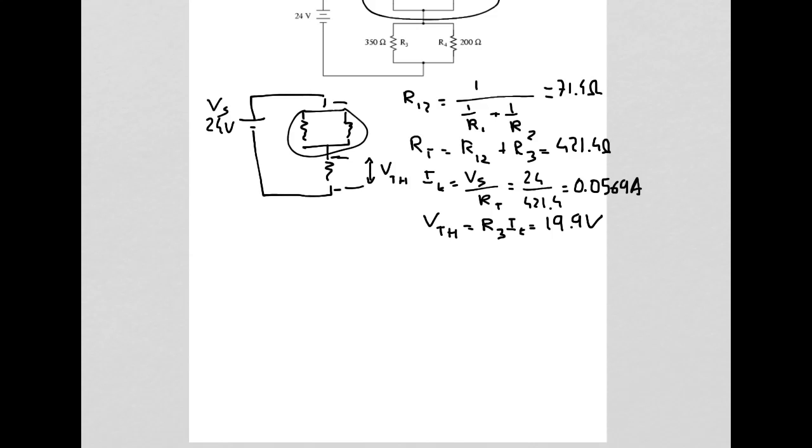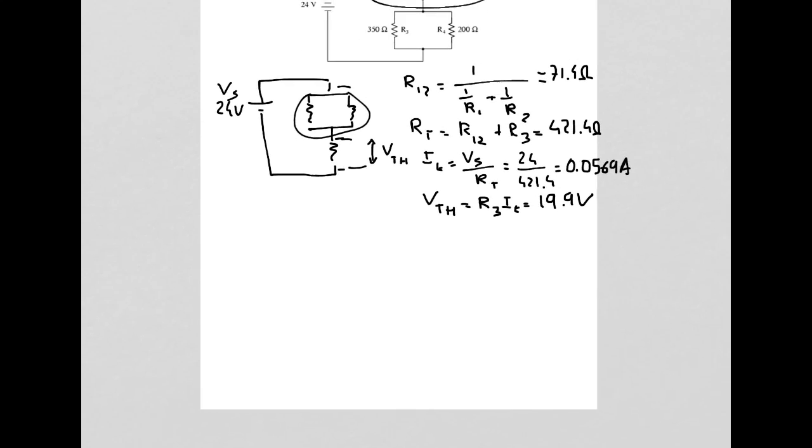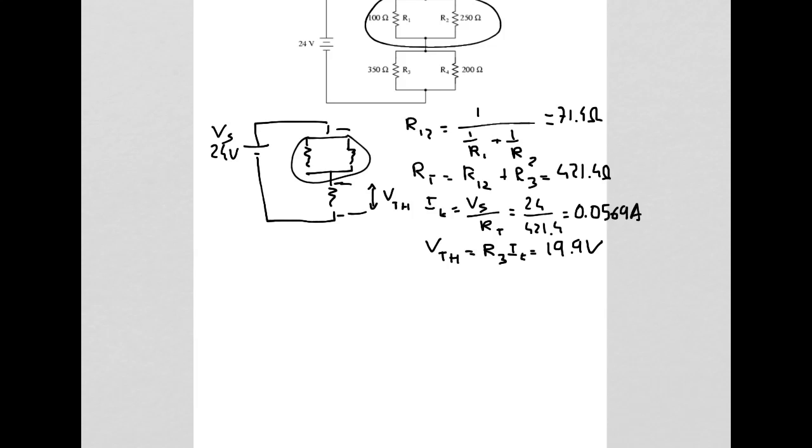Okay. Second circuit, you have to replace the power supply by a wire. Okay. And now you move your power supply here. That's the same as having the three resistors R1, R2, and R3 in parallel.